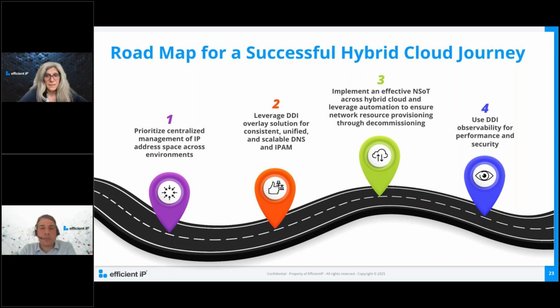By analyzing in-depth DNS traffic and service health, you can proactively detect threats, troubleshoot faster, and optimize your operations. Together, these steps provide a solid foundation to simplify hybrid multi-cloud complexity and scale confidently. And there's more.